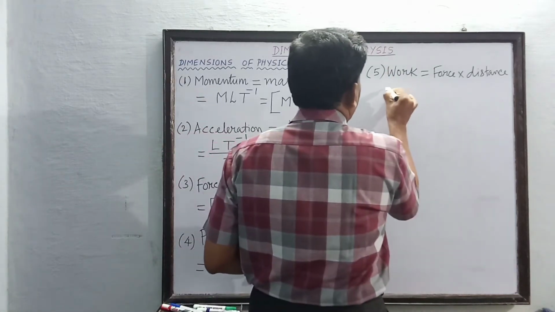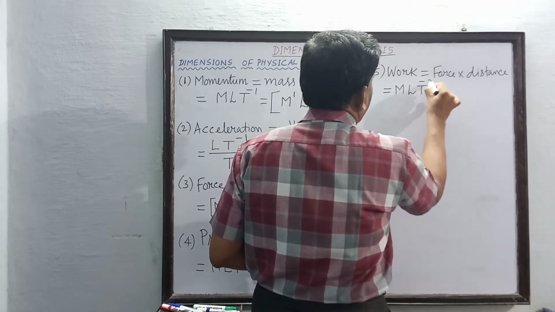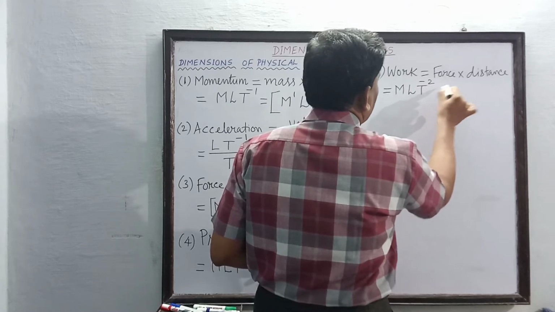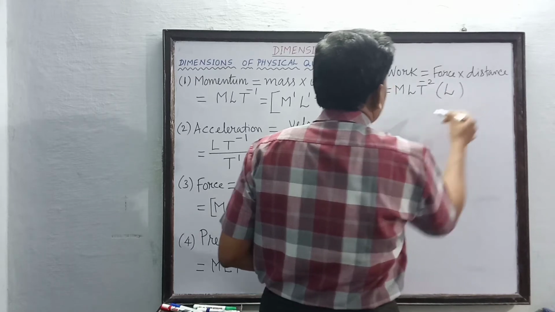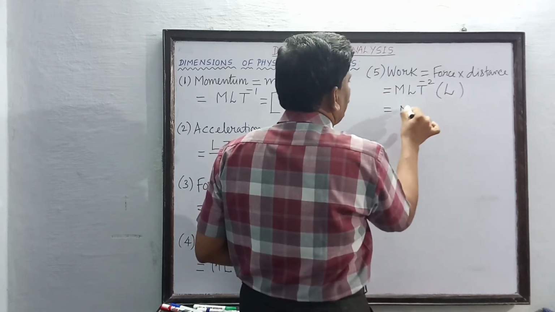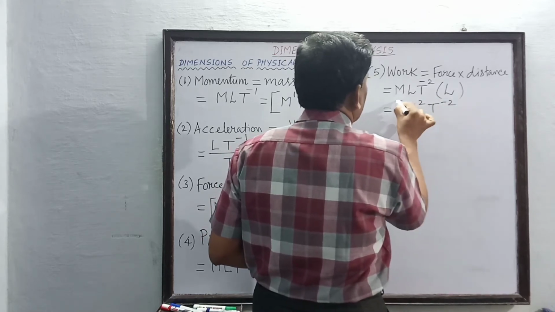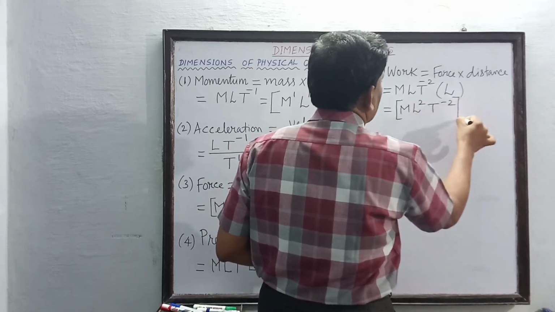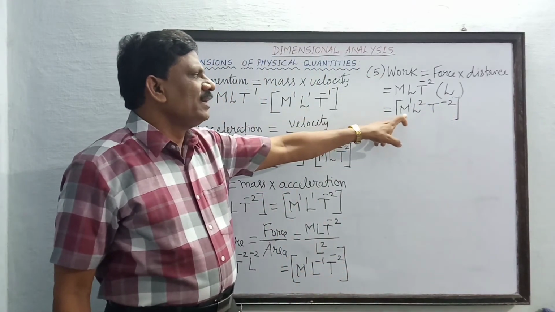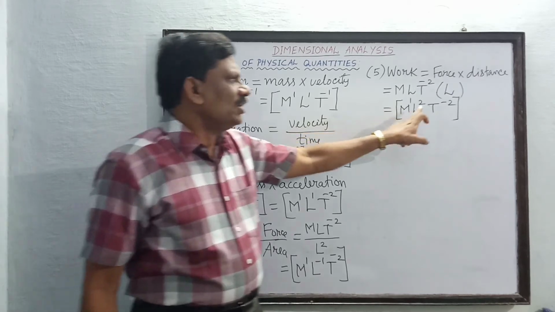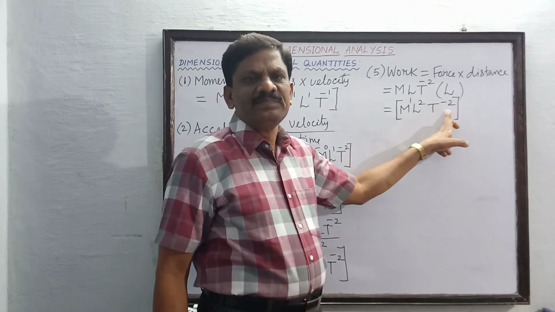Force is M L T power minus 2, into distance, which is L. So this is equal to M L square T power minus 2. This is the dimensional formula. That is, work has one dimension in mass, two dimensions in length and minus two dimensions in time.